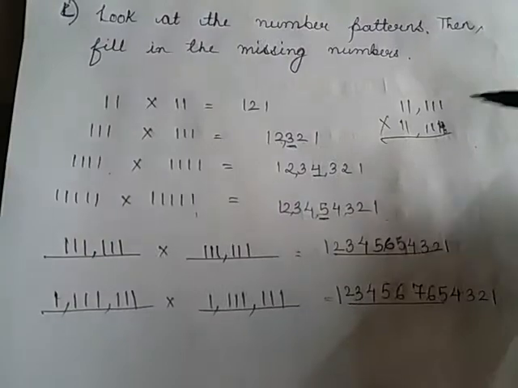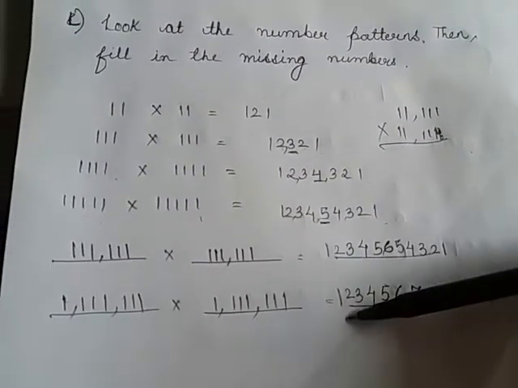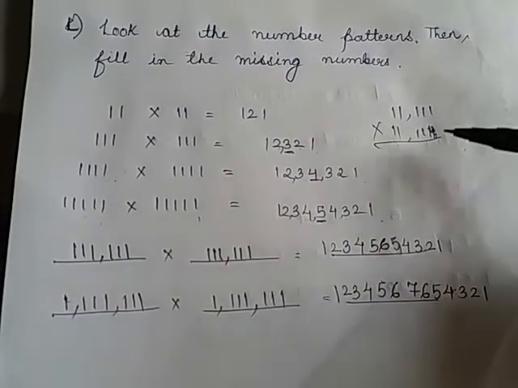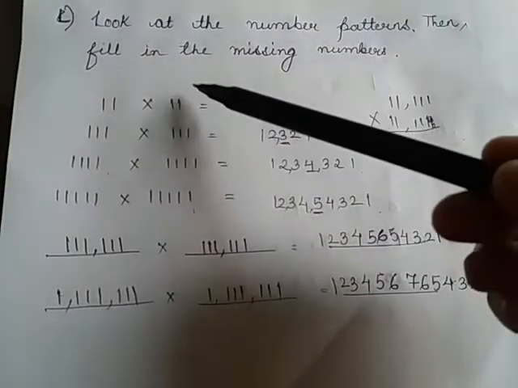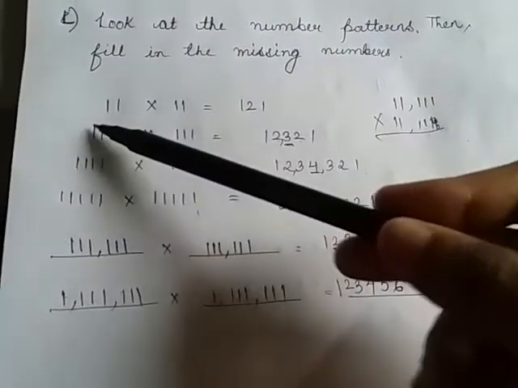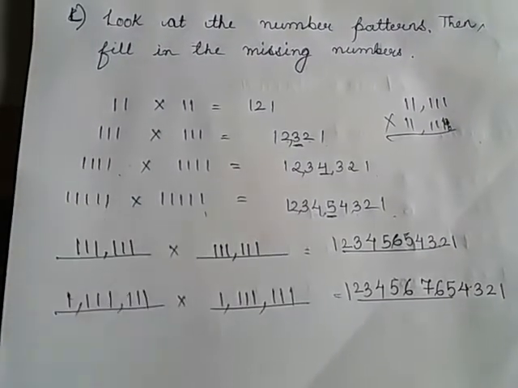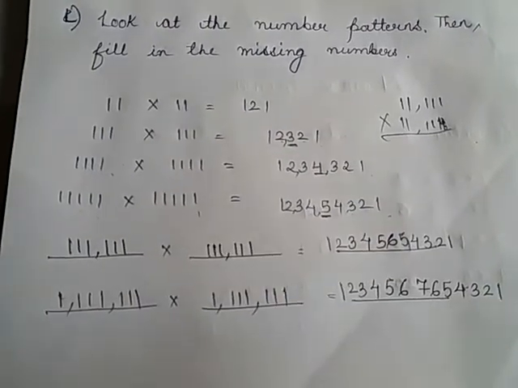So this is how number patterns help us save time in calculating such big numbers without doing it manually. And yes, this trick is only for numbers where all the digits are 1. This is not applicable for other digits till now.